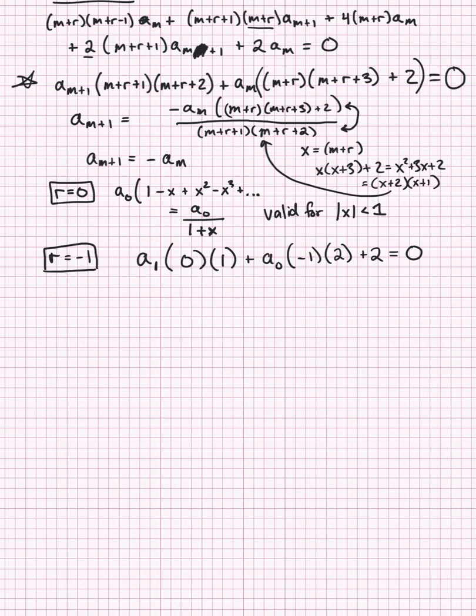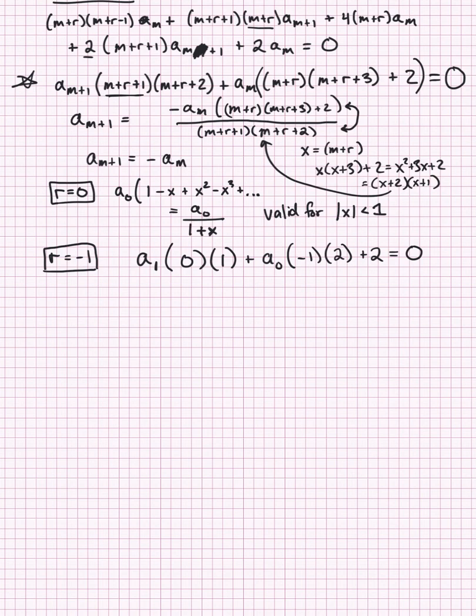And now for every other coefficient, you're going to have a perfectly fine solution in the sense that you'll never be having 0 over 0. So the only situation is this one when m equals 0 and r is equal to minus 1. But now something kind of nice happens.